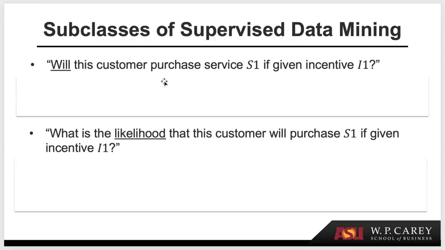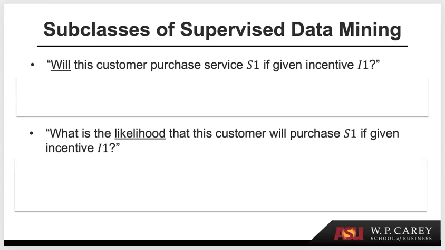In order to answer it, we have to think about the nature, the type of the target. What does the target variable look like in this particular case? Either the customer purchased the service or not. So that is categorical, yes or no. So the first question corresponds to a classification problem.